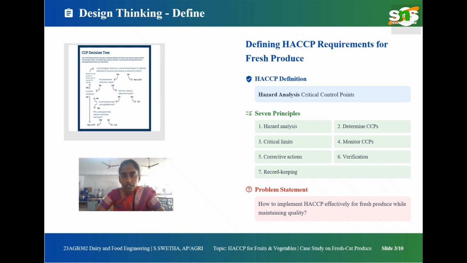Third, we put the limit for critical control points. Fourth, we monitor the critical control points. Fifth, we take corrective actions. Sixth, we do the verification, and seventh, we keep the records. So here I took the problem statement: how to implement HACCP effectively for fresh produce while maintaining quality.